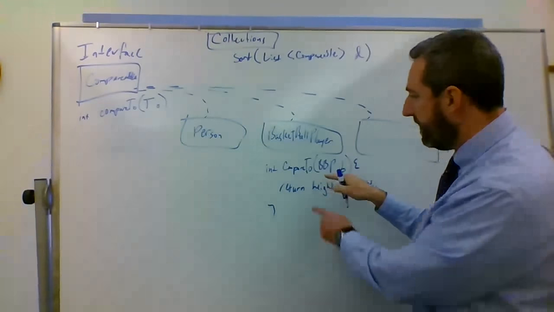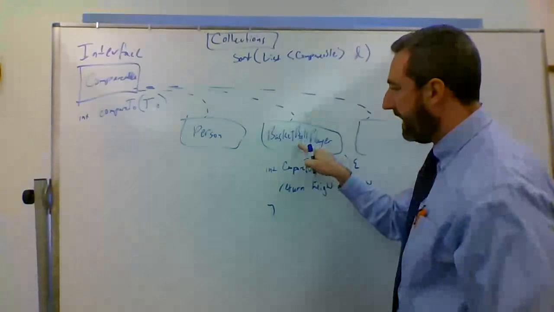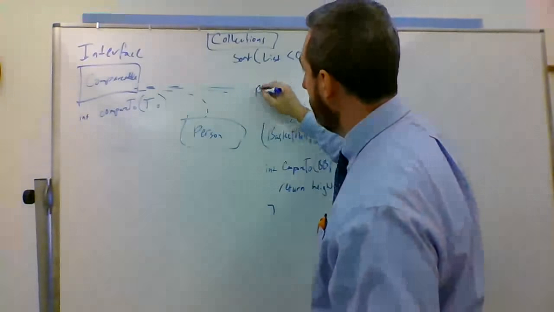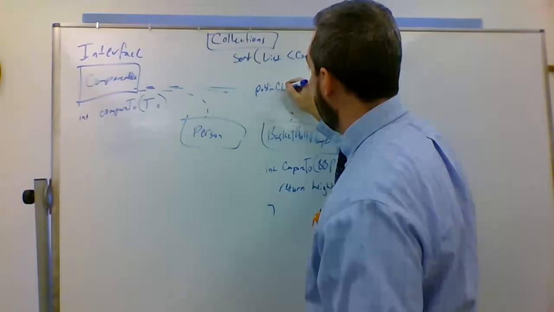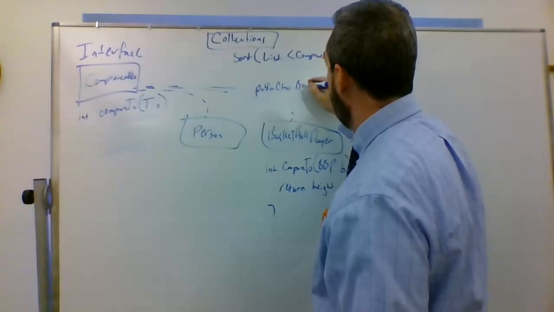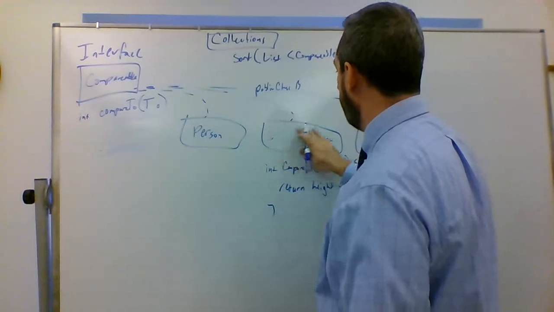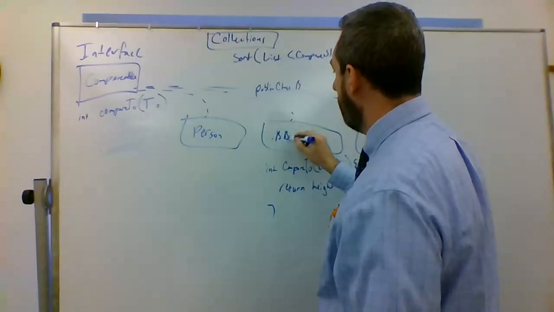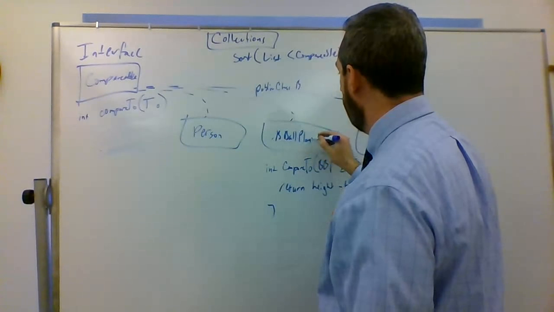But now that I've written this really simple method in this class, which would also have to implement Comparable at the top. So public class, I'm going to change this to BballPlayer because that'll be a lot shorter for me to keep rewriting.